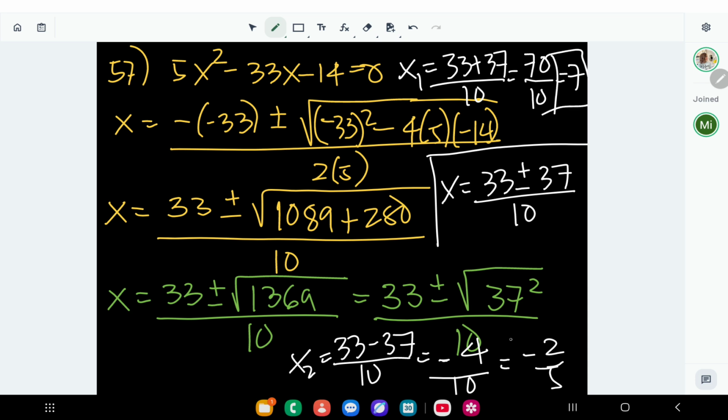So the values for x would be 7 and negative 2 over 5. And then we have 2 more for the quadratic formula. Okay, no questions on this? We move on to number 58.